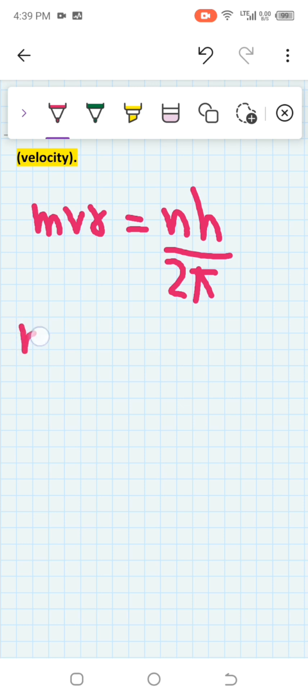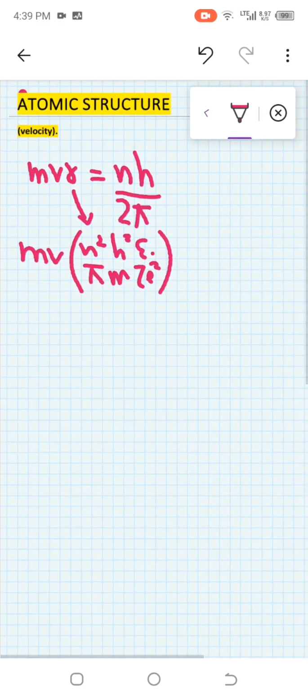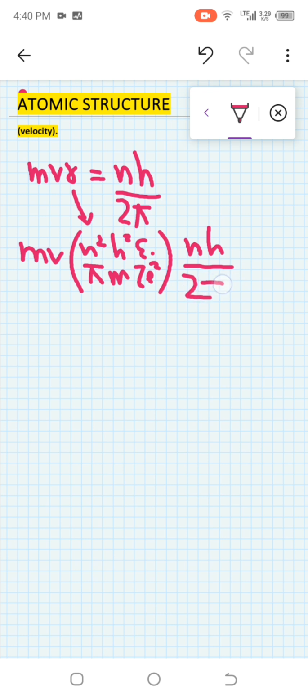Now over here we know the radius of an orbit, so that is n² h² ε₀/(π m Z e²). This is basically the radius of the orbit. After writing this radius, we have our same nh/2π.